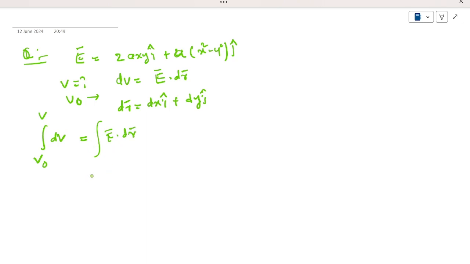The limit is not given here. So now that is equal to integral 2axy dx plus integral a into (x square minus y square) dy.